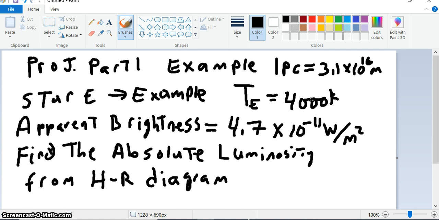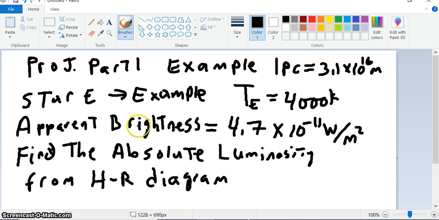So you filter it in the blue, and then you filter it in the visible, and you subtract the two, and that is how astronomers generally find the temperature. It's very time consuming to look at the entire spectrum and find the actual peak. However it's done, we found that this example star has a temperature of 4,000 Kelvin.